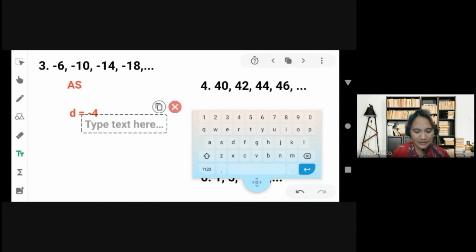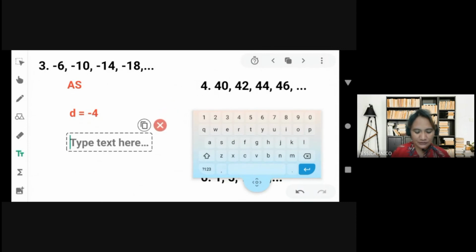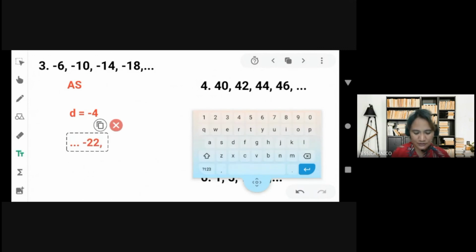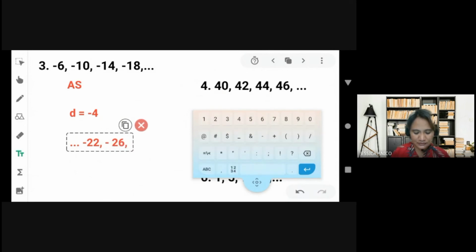And getting the next 3 terms, we have negative 22, then negative 26, negative 30.